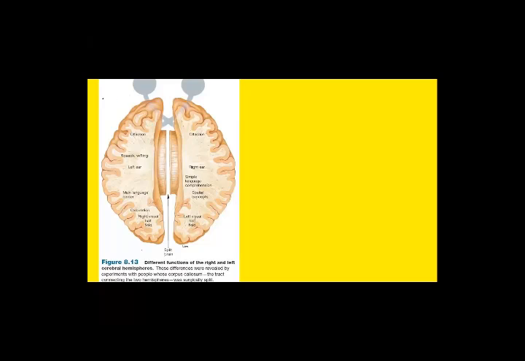So in 90 to 95% of all individuals, the left cerebral hemisphere is dominant. That is the reason almost 90 to 95% of people are right-handed, because the right side of the body is controlled by the left cerebral hemisphere.